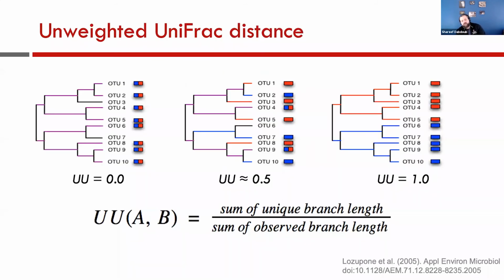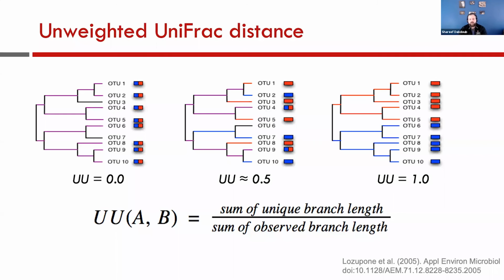UniFrac, which I mentioned was designed specifically for microbial ecology, is a phylogenetic measure. It comes in two flavors, weighted and unweighted. Unweighted is very similar to the Faith's phylogenetic diversity that we looked at earlier.